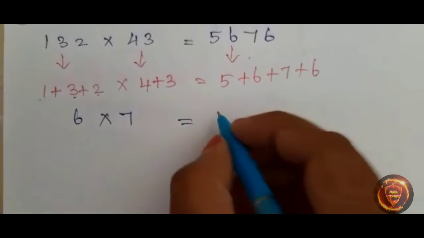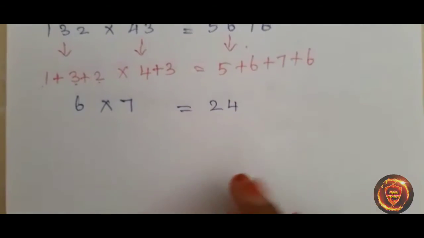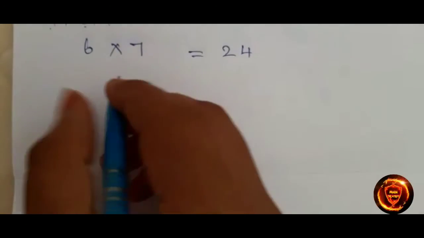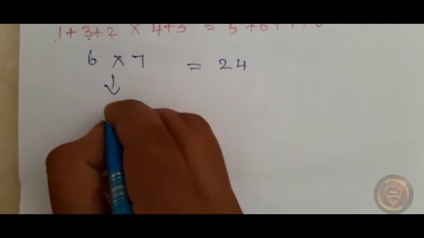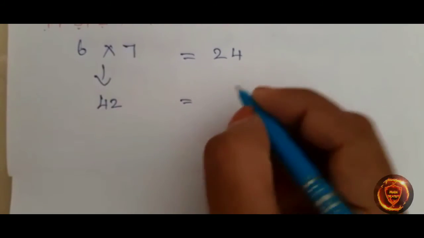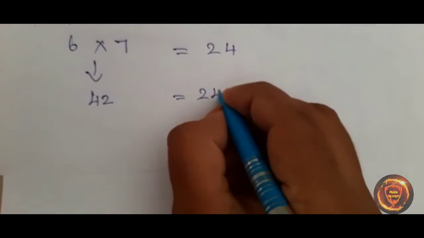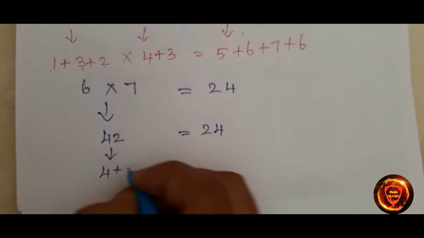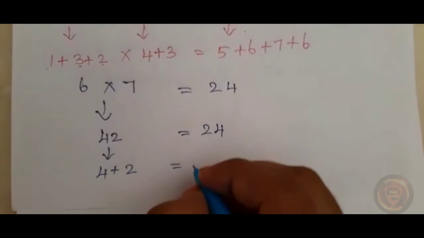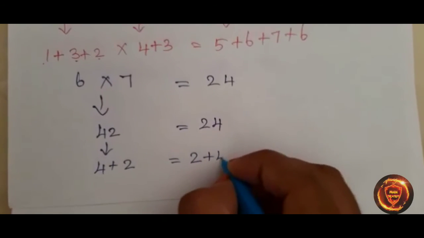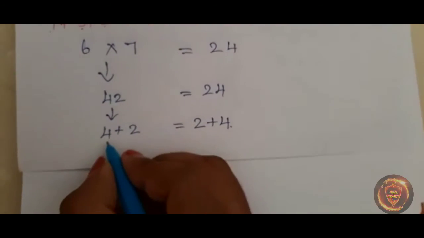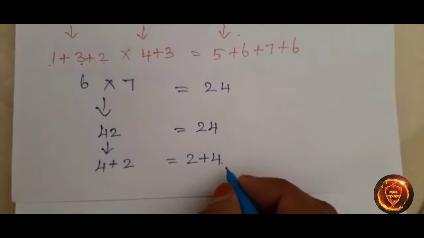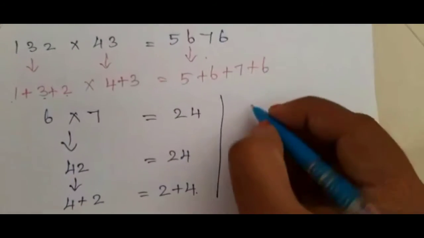So next one, 6 sevens are 42, is equal to 24. Now write the expanded form: 4 plus 2 is equal to 2 plus 4. 4 plus 2 is equal to 6 is equal to 6.